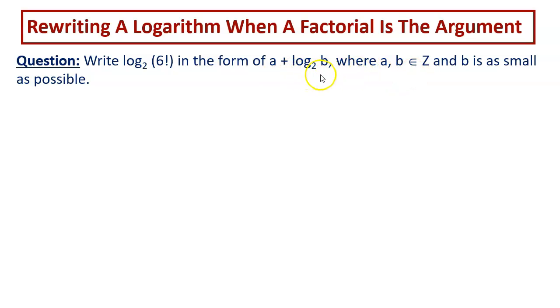And another thing that we are seeing is that the expression is log of 6 factorial to the base 2, and it has to be expressed in this form, a plus log of b to the base 2. So we are given one term and we have to expand that. From this one term we have to get two terms. Okay?